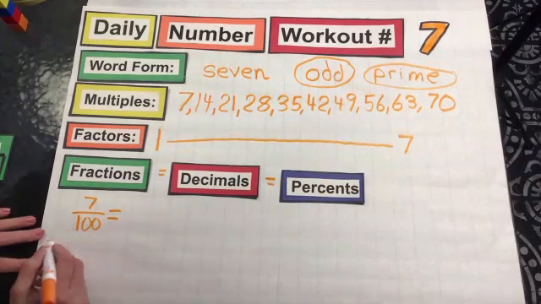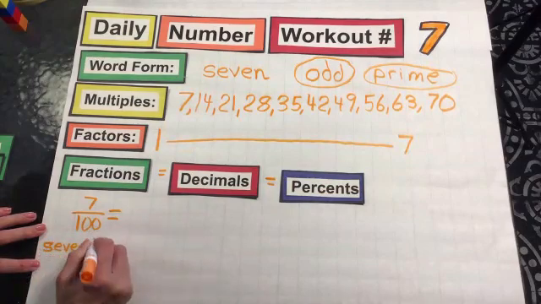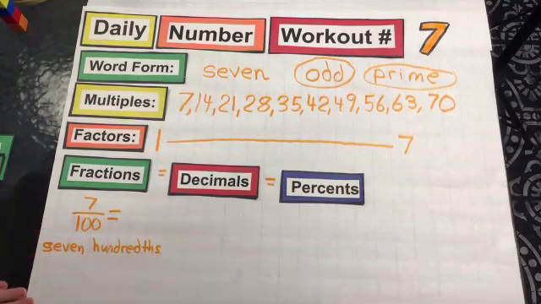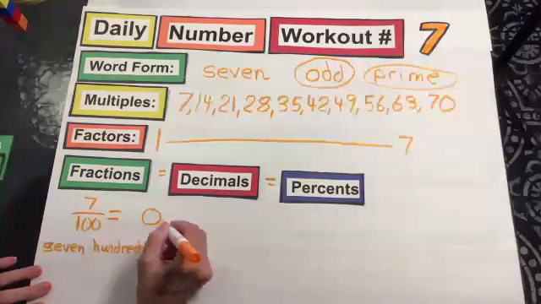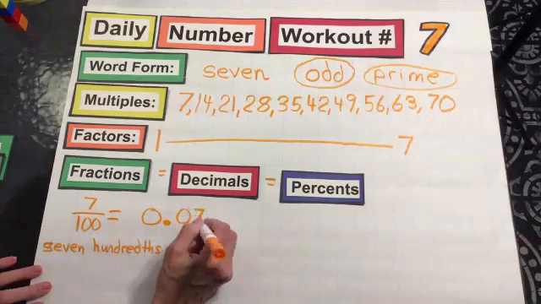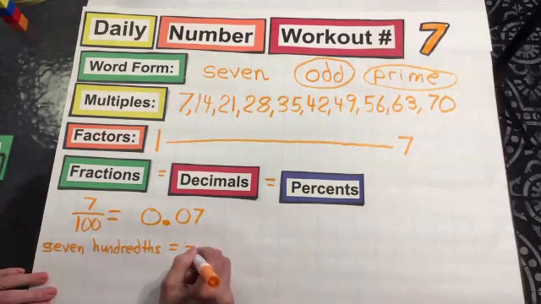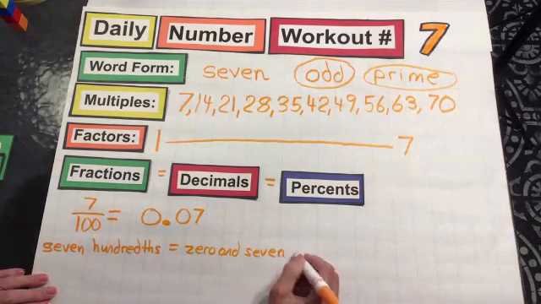And if we write this in word form, it would be 7 hundredths. When we go to write it in decimal form, it would be 0 and 7 hundredths. So we're going to write that. So 0 and 7 hundredths.